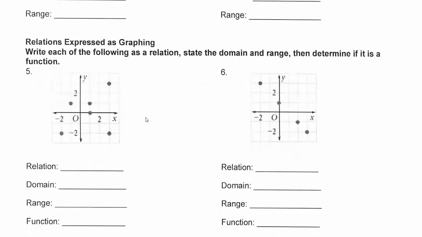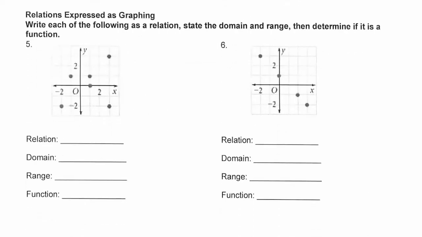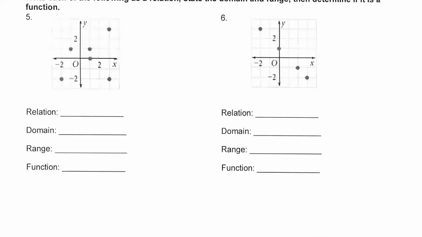All right, so let's scroll down to this one. This one's a little bit longer of an example here on number 5, because there are a lot of points. Starting off with my set, my first point right here is (-2, -2). Then my second point there is (-1, 1).